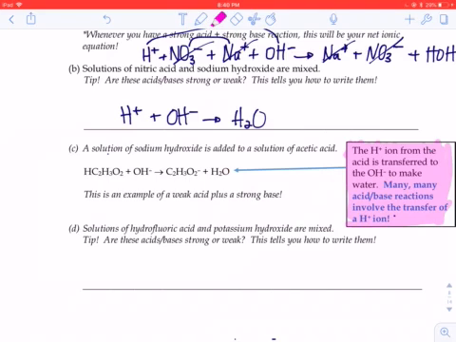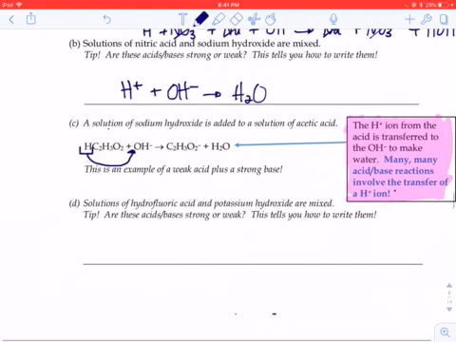So many acid-base reactions involve that H plus ion moving over to something else. This hydrogen H plus ion moves over here, makes water, and leaves that acetate ion behind.